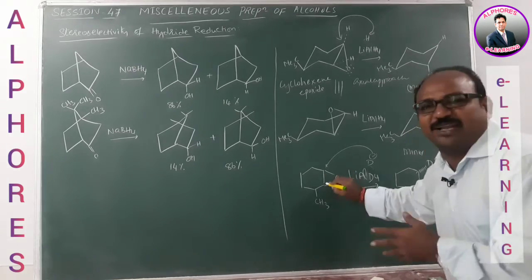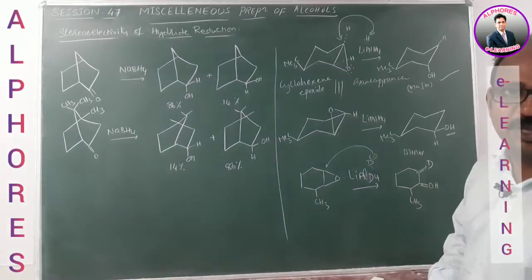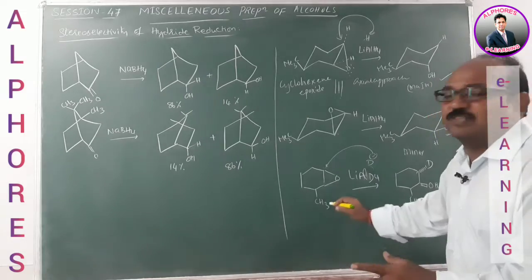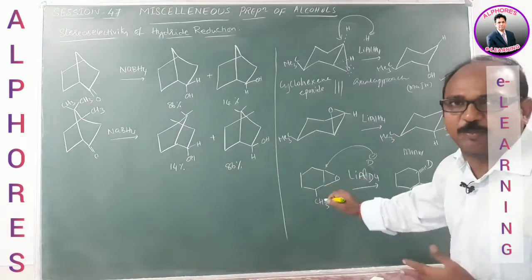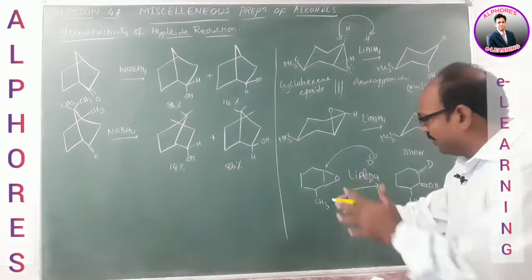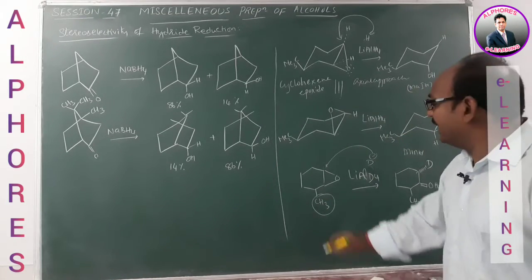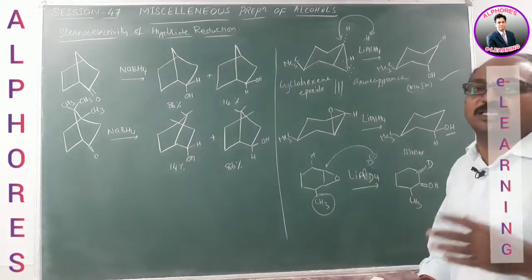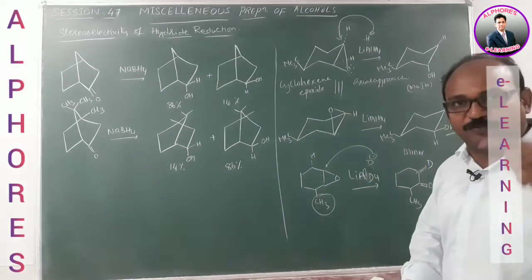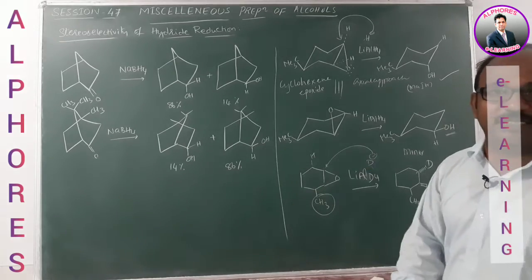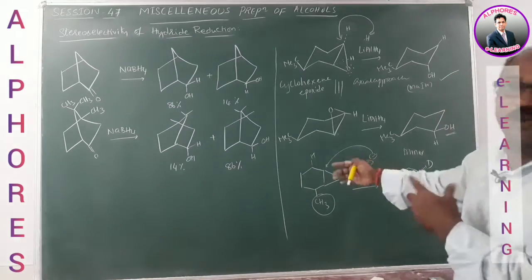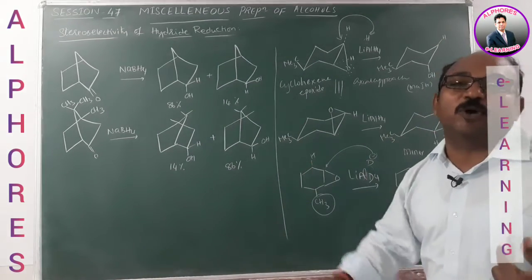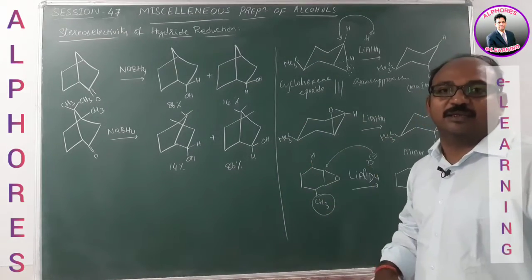Of course, here the epoxide carbon does not have any substituents, but the adjacent carbon possesses a methyl group. Whether it is axial or equatorial with respect to the epoxide, that is not the criterion here. Here the methyl group is there, and here there is no methyl, only hydrogen. So compared to hydrogen, methyl causes more hindrance, so this D minus prefers to approach through the less hindered direction. Obviously the epoxide is on one side, and this D minus is on the opposite side, exactly rear side attack.